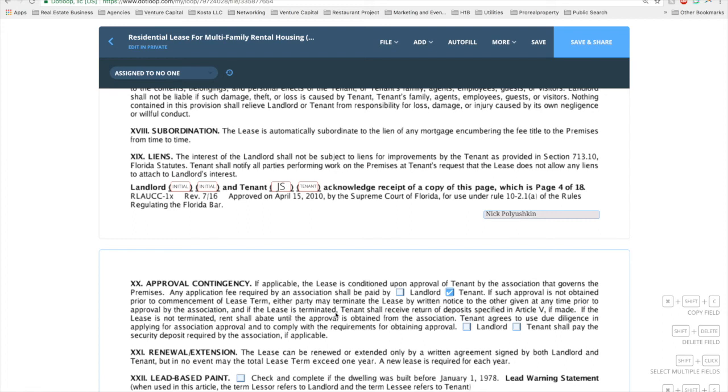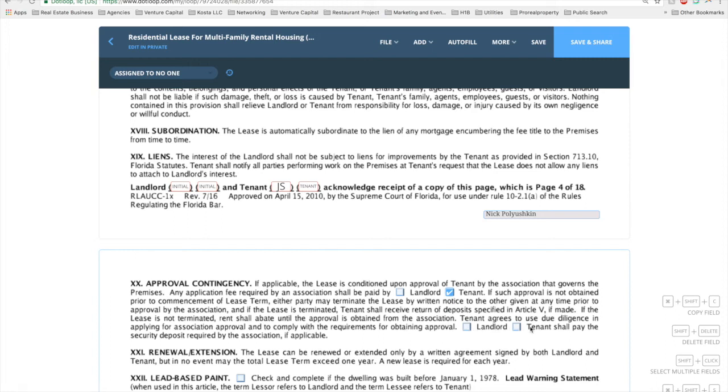And if lease is terminated, tenant shall receive return of deposit specified in Article 5, if made. If the lease is not terminated, rent shall abate until the approval is obtained from the association. Tenant agrees to use due diligence in applying for association approval and to comply with the requirements for obtaining approval.